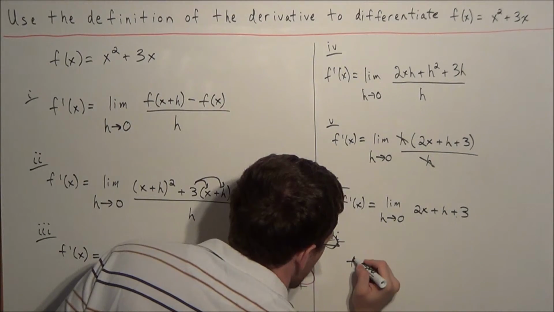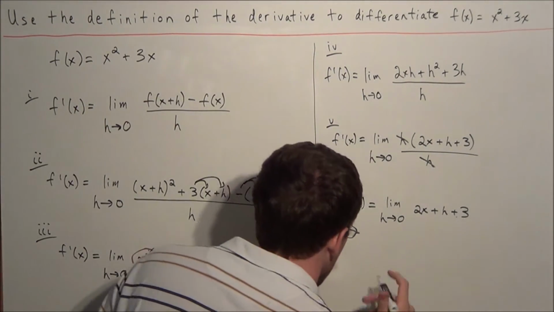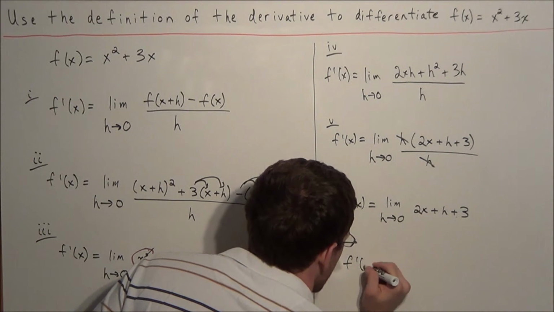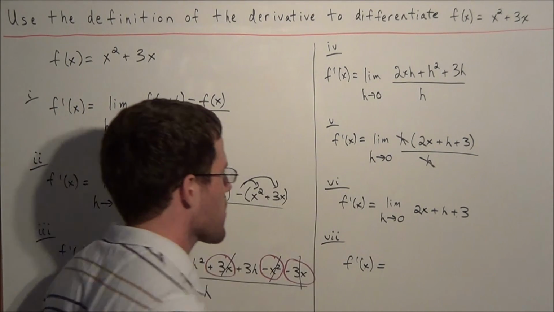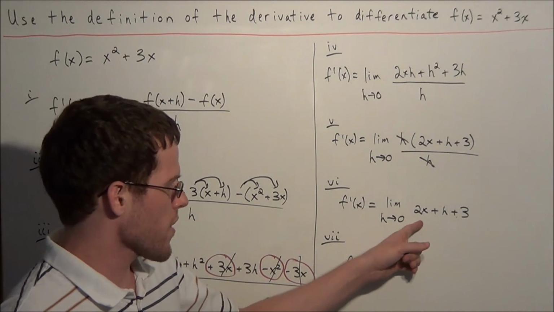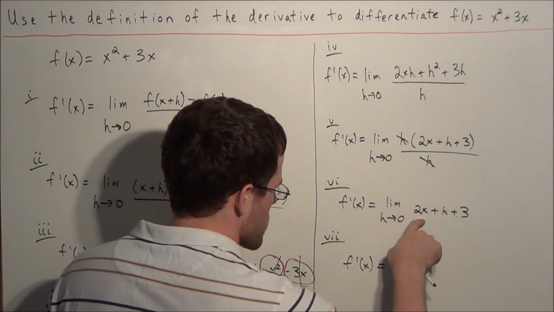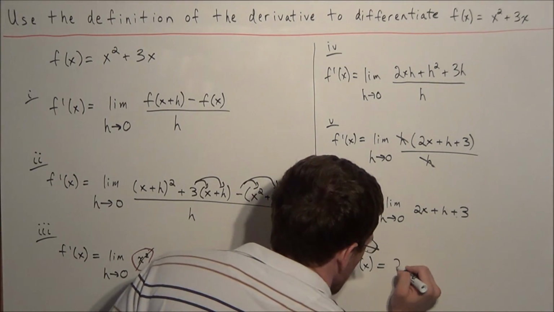We have f prime of x equals the limit as h approaches 0 of 2x. 2x is unaffected by the limit as h approaches 0, so we could just rewrite this term as 2x.